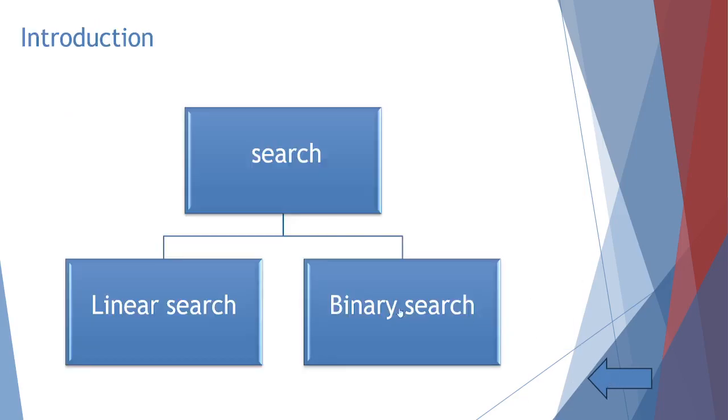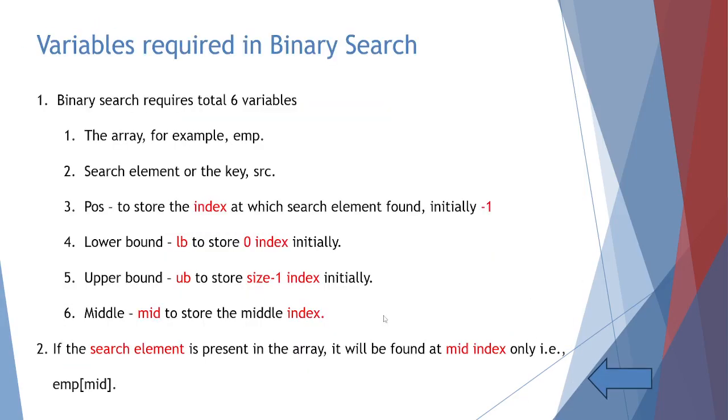But in case of binary search, we need 6 variables. The array, for example, the emp array in this case, the search element, which is SRC, position, that is pos to store the index, initially -1, lower bound LB to store index 0 initially, upper bound UB to store size-1, and mid to store the middle index.